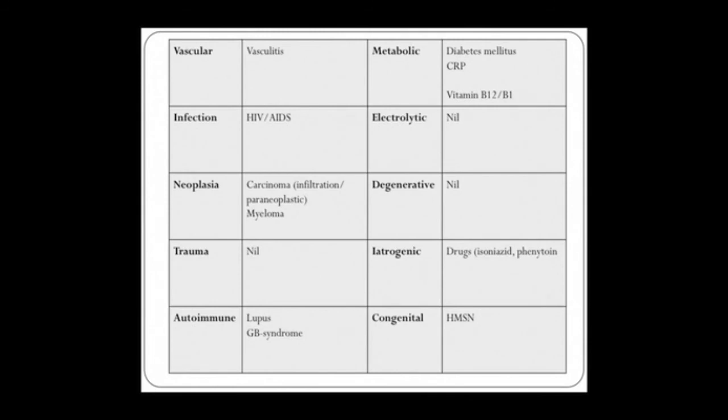Electrolytic, no. Degenerative, no. Iatrogenic drugs: one of the important causes of axonal degeneration is specific drugs, and the ones you should know about are isoniazid, which is used in the treatment of TB, and phenytoin, the antiepileptic agent. There's a list of about 20 of them, but don't worry, just learn the common ones. And then finally, congenital inflammatory demyelinating polyneuropathies.